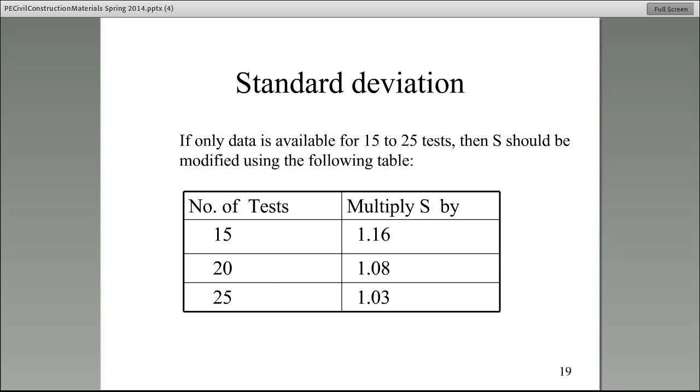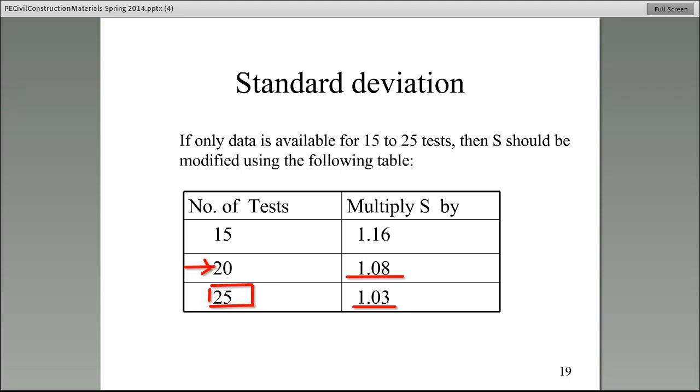What if he only has, let's say, 25 tests? Well, if that's the case, you take the standard deviation that he calculates based on 25 tests and multiply it by a factor, in this case 1.03. Now, if this S value is based on 20 tests, then you multiply the standard deviation by 1.08, and if it's 15, you can see that it's 1.16.